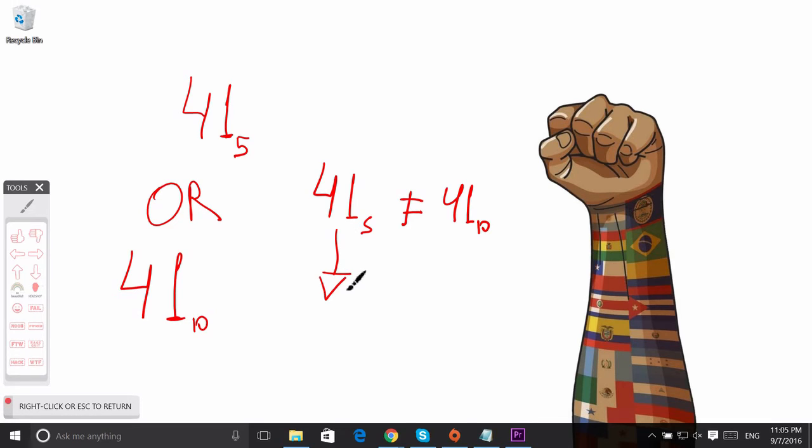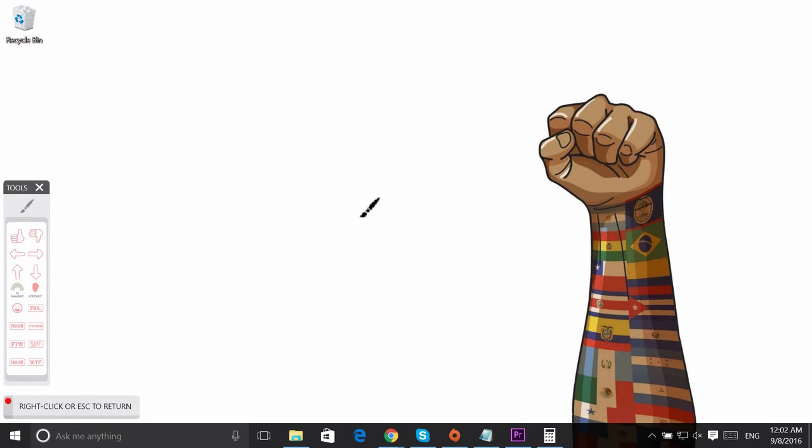Now let's see how we can transform a number in base 5 into a base 10 number. This is the formula for transforming a number in base R to base 10. This is the summation symbol like before.